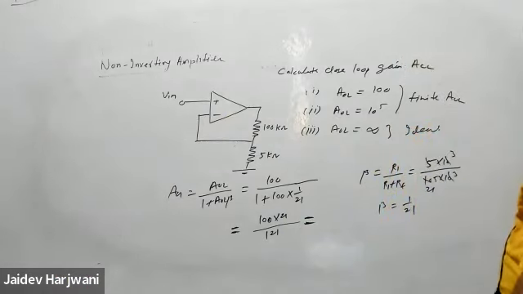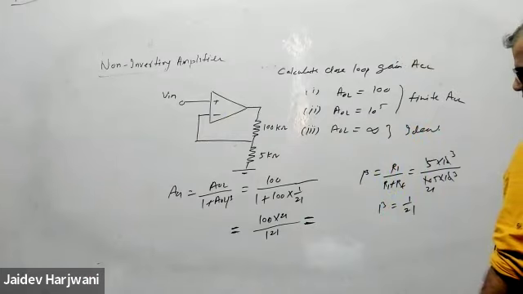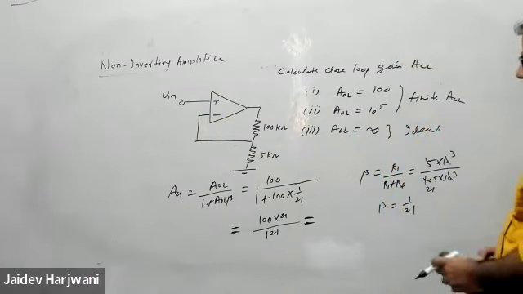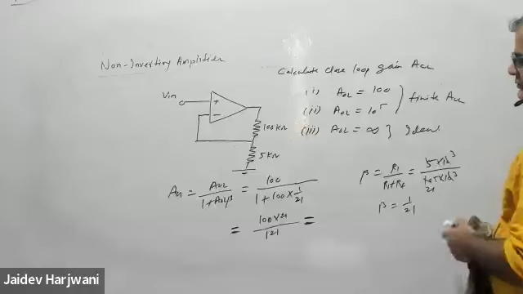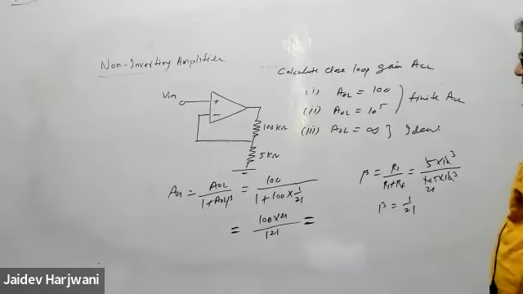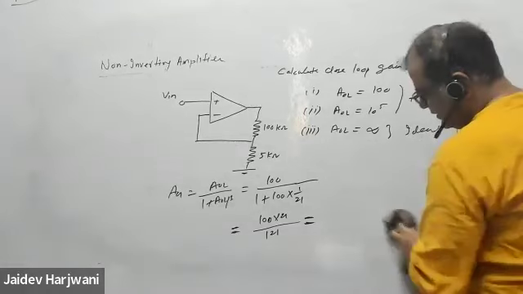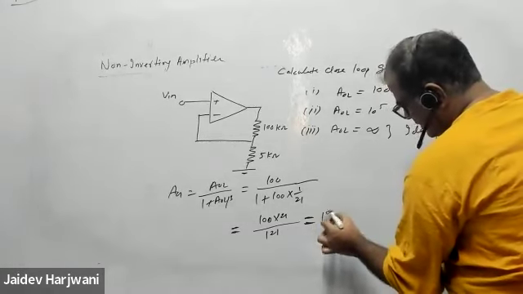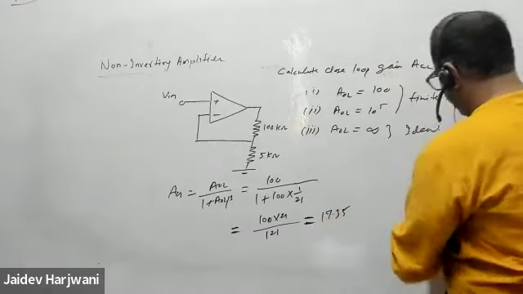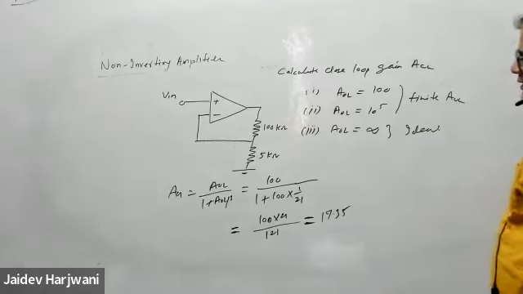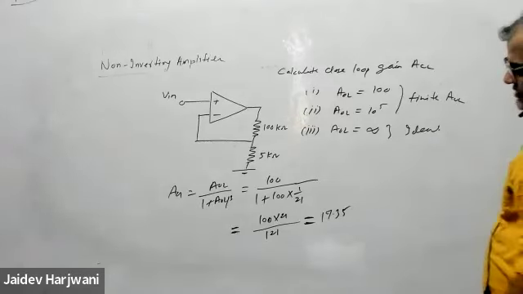What will come? 17.35. Okay. This is the closed loop gain. So this is the first case.